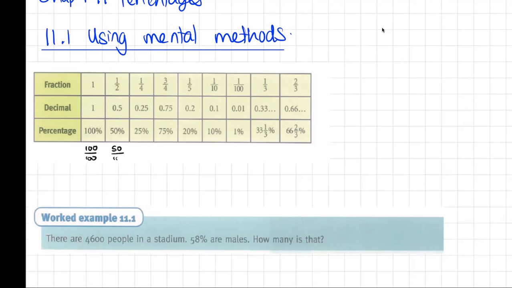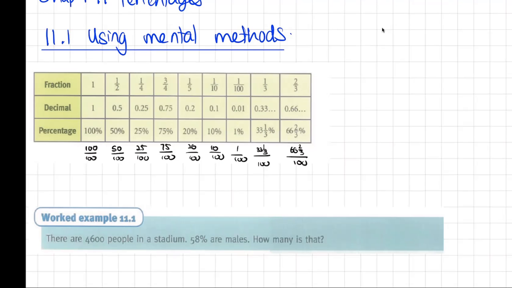50 over 100, 25 over 100, 75 over 100, 20 over 100, 10 over 100, 1 over 100, and the rest we have as 33 and a third over 100, 66 and 2/3 over 100.